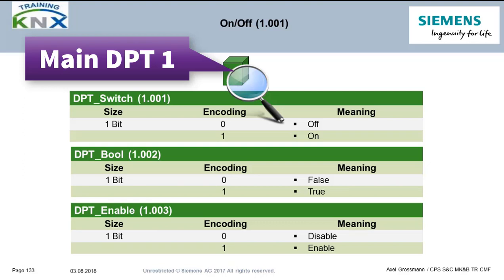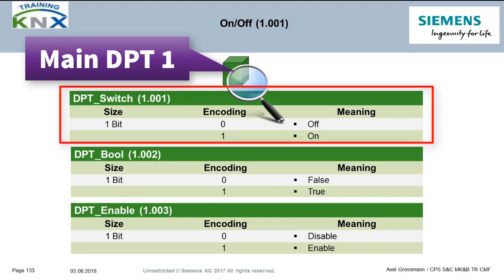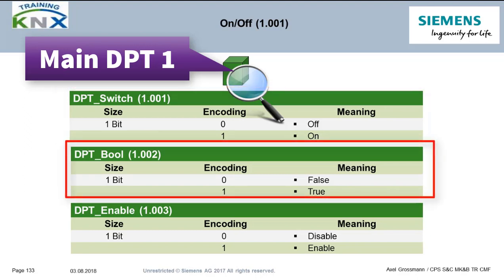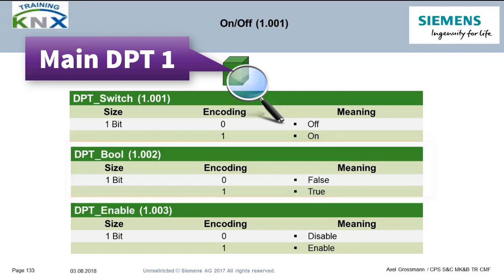With binary types, it is always the effect of either 0 or 1. The DPT 1.001 switching describes that 0 means switched off and 1 means switched on. The same combination for Boolean values means 0 equals false, 1 equals true.